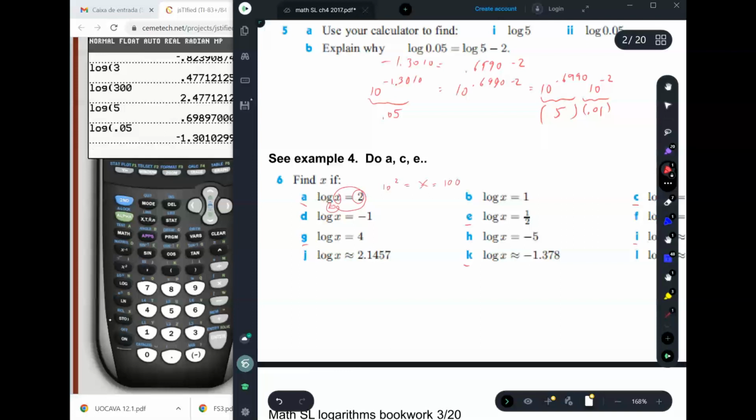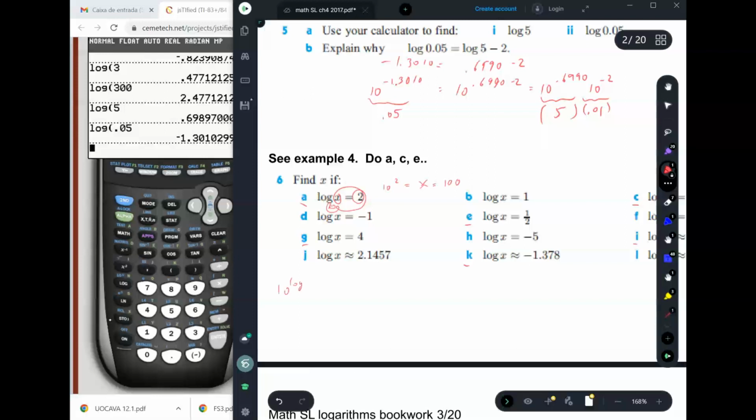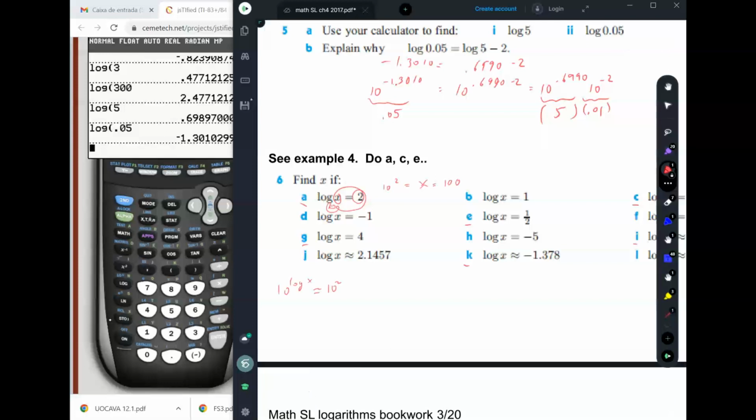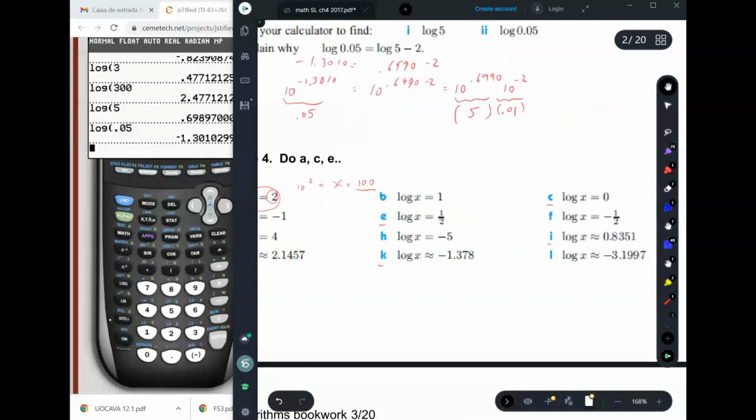And the other way you could do it is you could do the inverse function of both sides. So if I do 10 to the log of x and 10 to the 2, if I do 10 to the whatever for both sides, then I can see that these cancel out, so x is equal to 10 squared. So either way, I'll get x is equal to 100. What about C? Log of x equals 0.